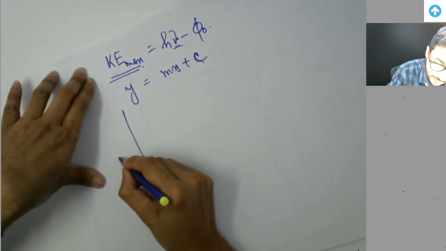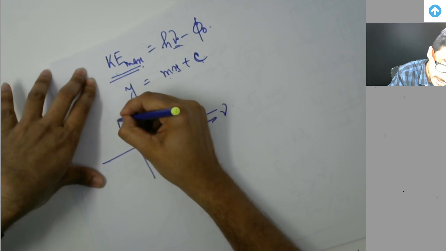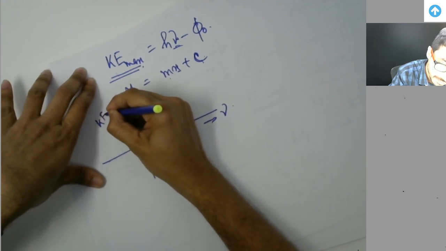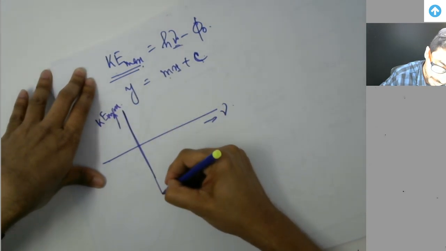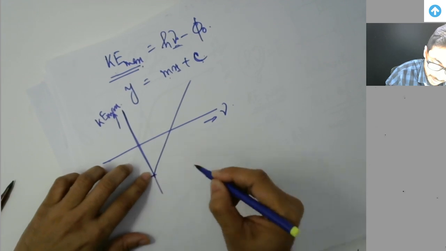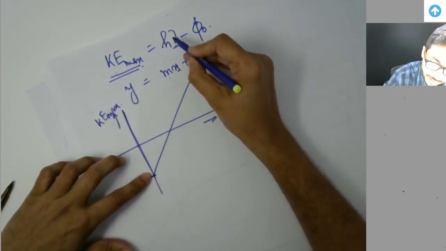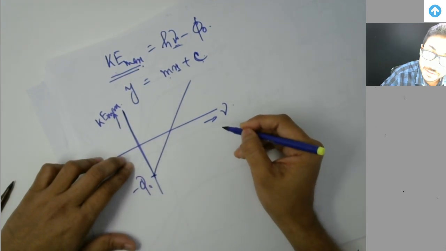So if you draw the graph between frequency and K max, we will see the graph forms a straight line where the slope gives h and this is nothing but minus phi 0.